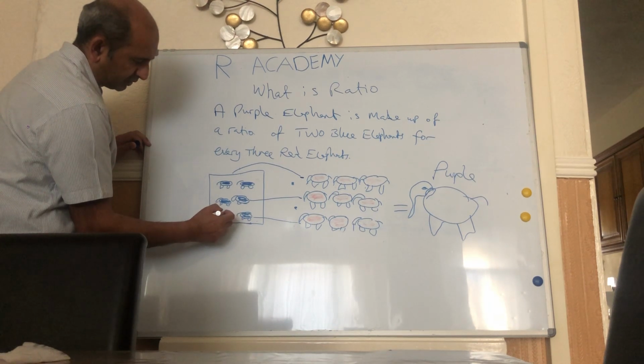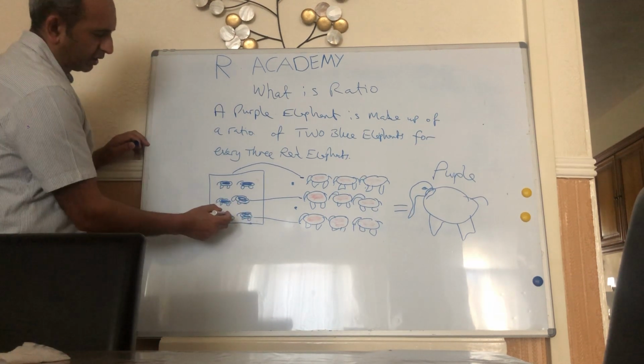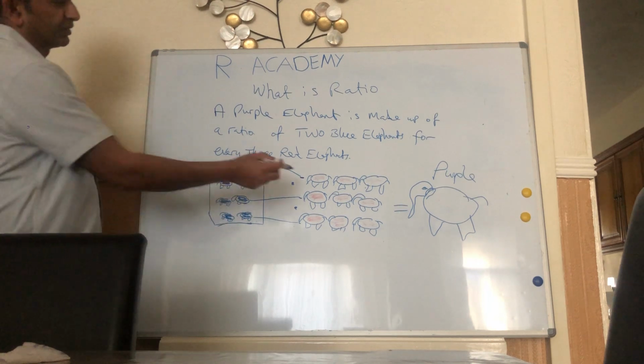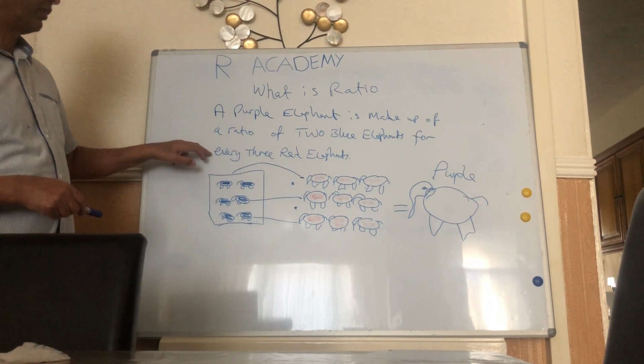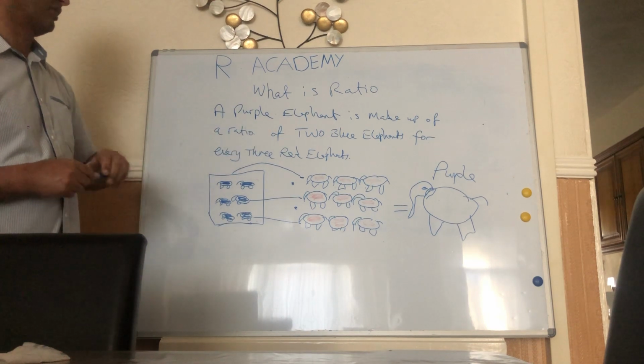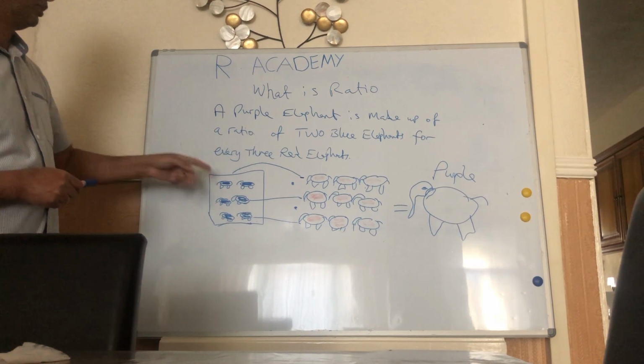I think you got the gist of it anyway, so there's your blue elephants and there's your red elephants. Because they're saying for every 3 red elephants, there's 2 blue ones.